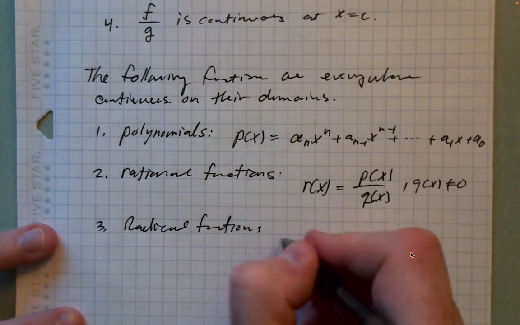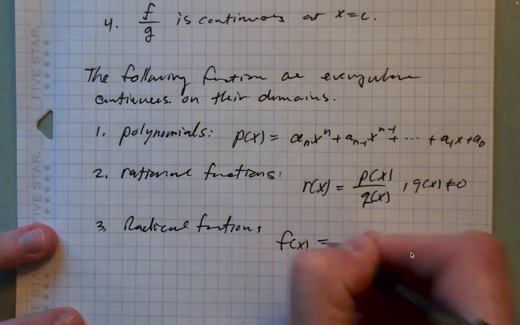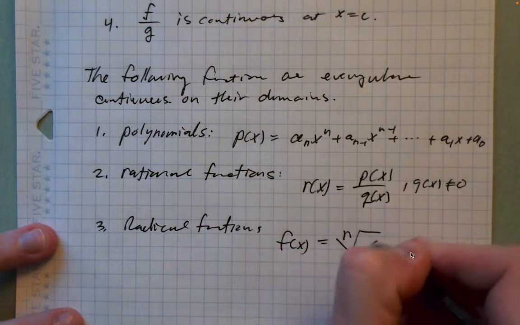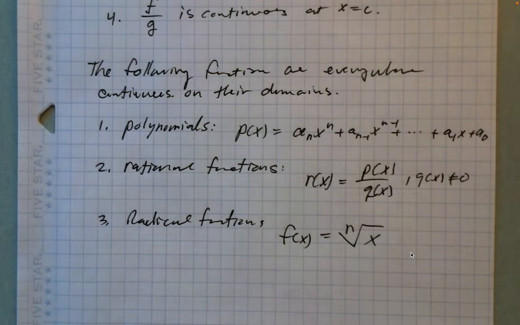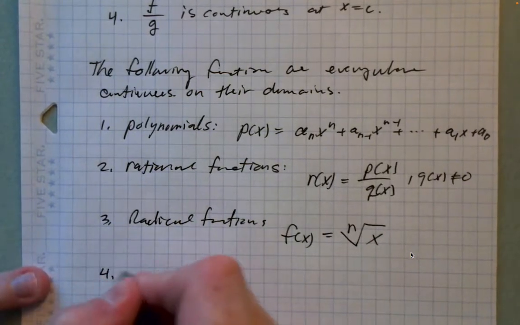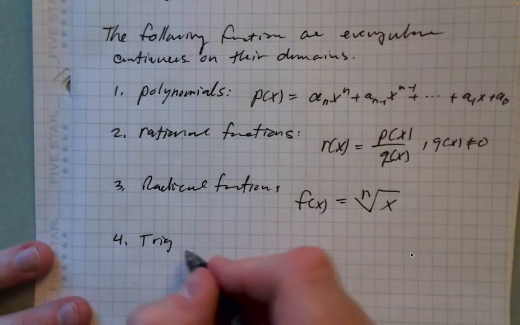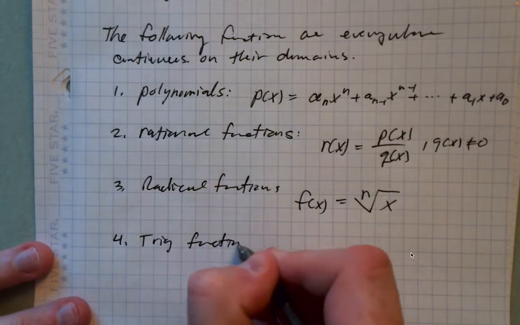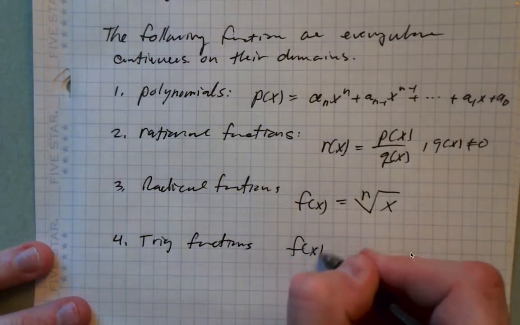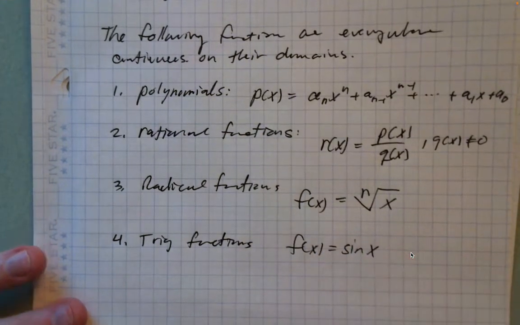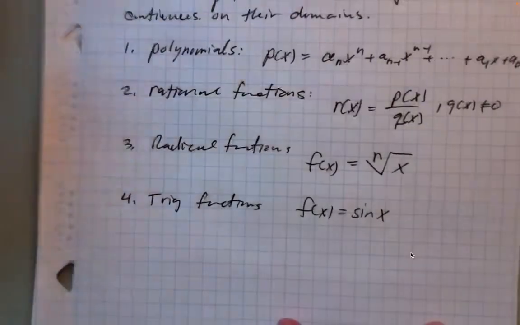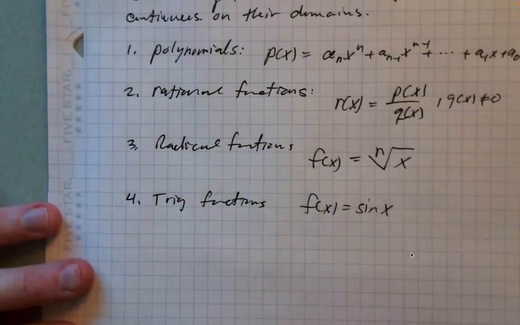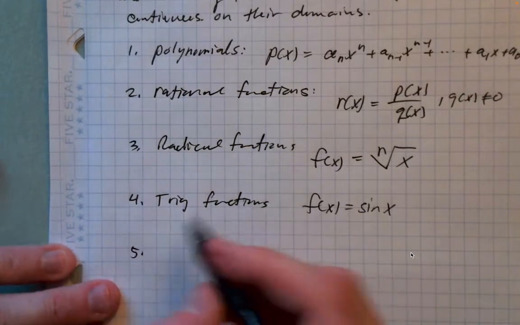That'd be something like f of x equals the nth root of x. The trig functions, things like sine of x, cosine of x, etc. And then the exponential and logarithmic functions as well.